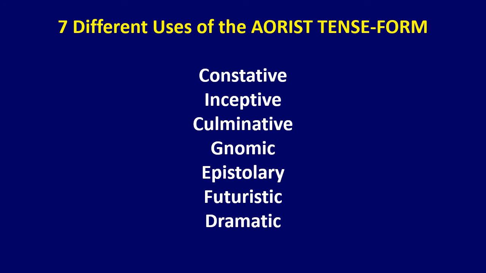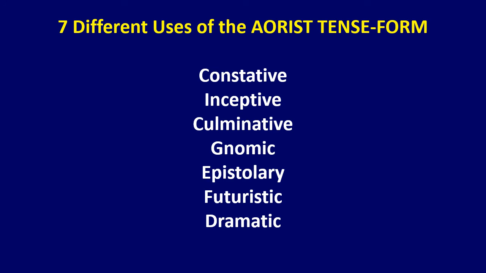Now, I also want to just cover with you, with the time remaining in this lesson, 7 different uses of the aorist tense form. And you should at least be familiar with this list here of 7. Some Greek grammarians say there's more than 7, some say there's less than these 7, but most seem to believe that there are at least these 7 uses.